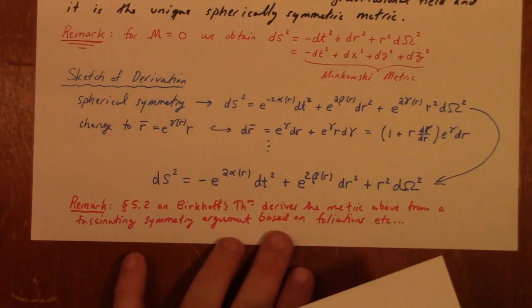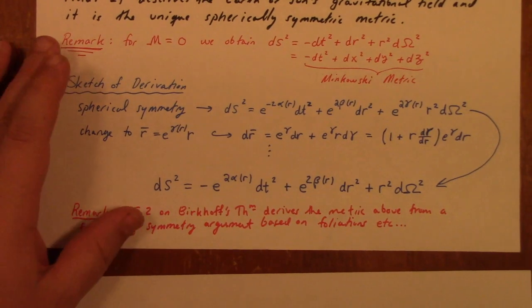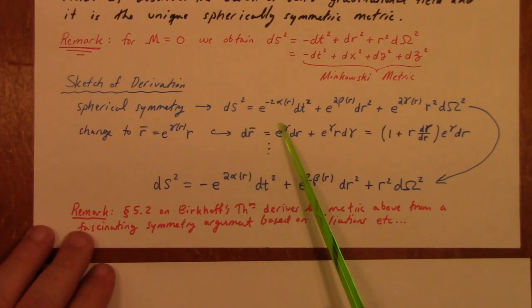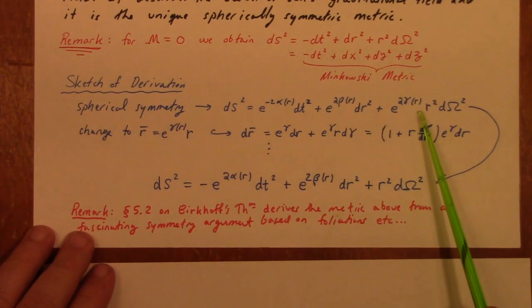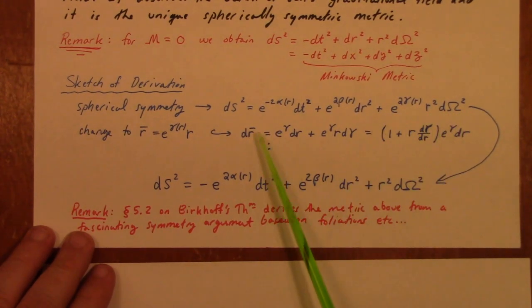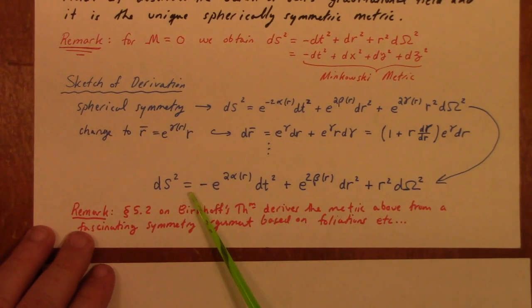All right, so here's a very sketchy sketch of his derivation. He says, basically, spherical symmetry brings us to this form. For some functions alpha and beta and gamma, it should look something kind of like this. And then he rescales r, I think, to get rid of the gamma. So now he's down to alpha and beta, right?